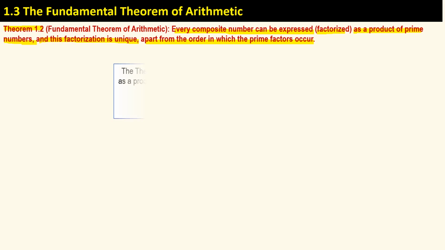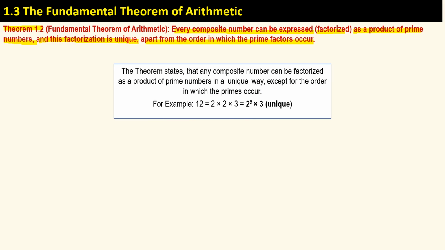So it can be stated in other words as well. The theorem states that any composite number can be factorized as a product of prime numbers in a unique way, and the unique way is by ignoring the order in which the primes occur.